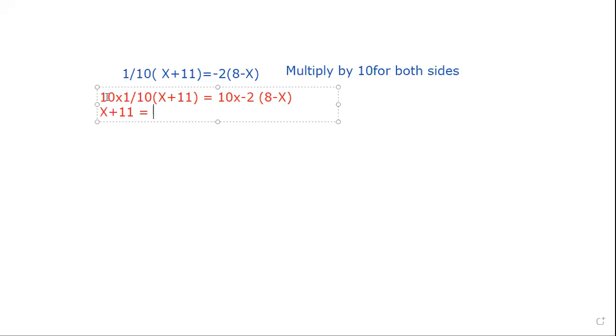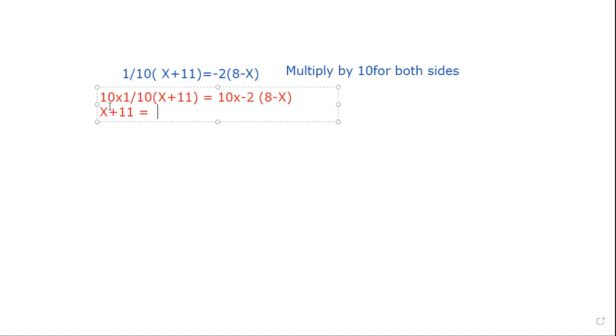Okay, Hannah, could you please continue? So we said that we have a fraction 1 over 10, and we want to remove it. You will multiply by the denominator for both sides, the left side and the right side, by 10. Then 1 over 10 times 10 will be equal to how many?